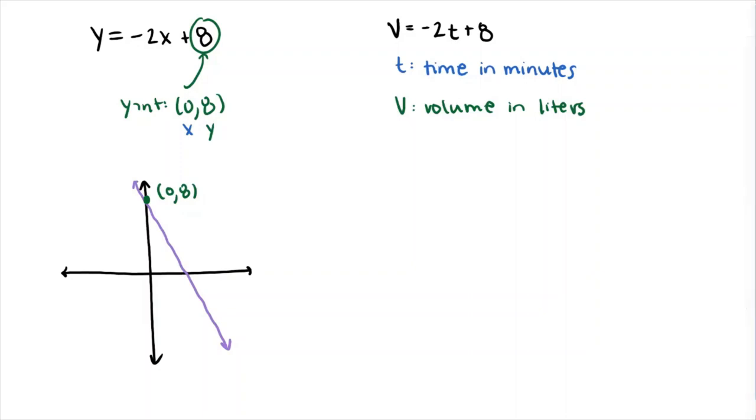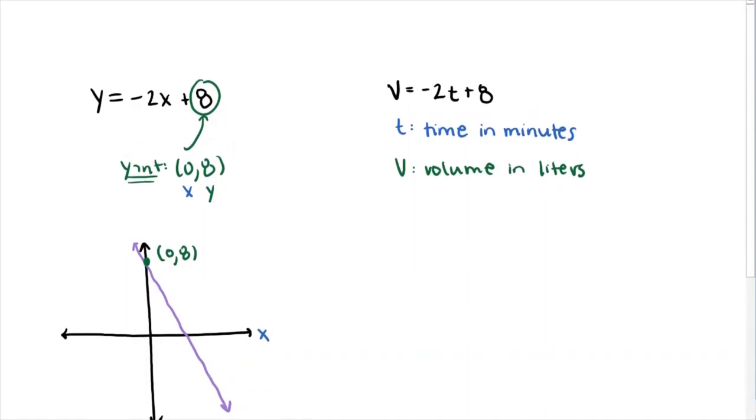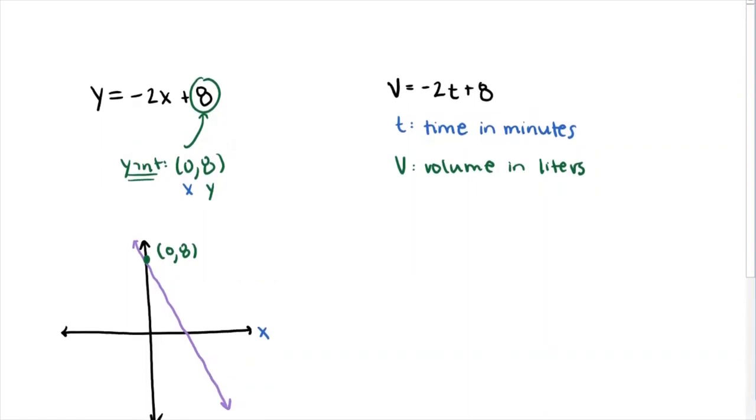Right, but the thing is that in this equation, the input variable corresponding to the horizontal axis is x, and the output variable is y, and so it makes sense to call this the y-intercept. For these equations where we might be using a different variable, it feels a little funny to call it the y-intercept, so I'm going to call it not the y-intercept, but the vertical intercept.